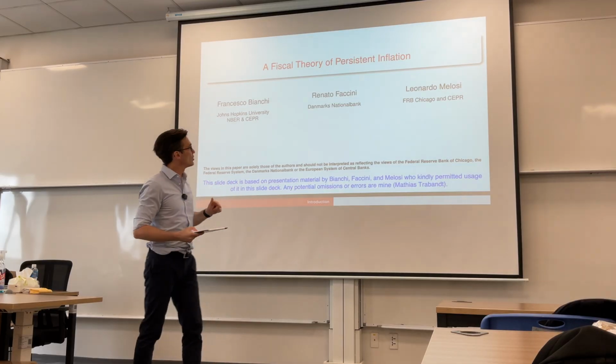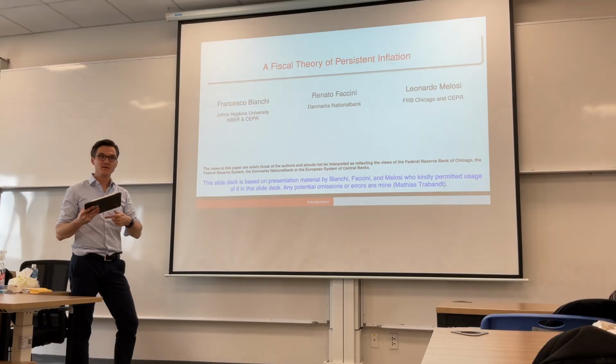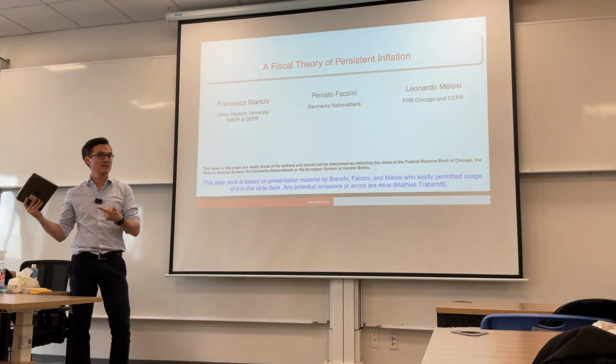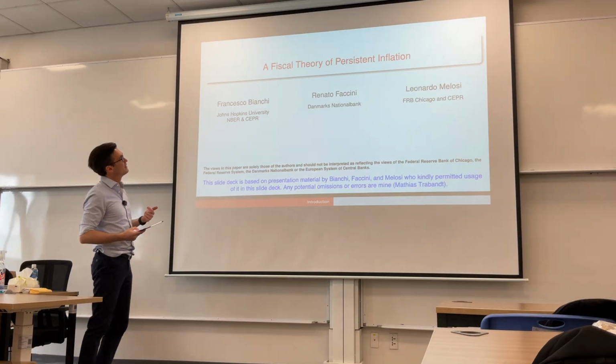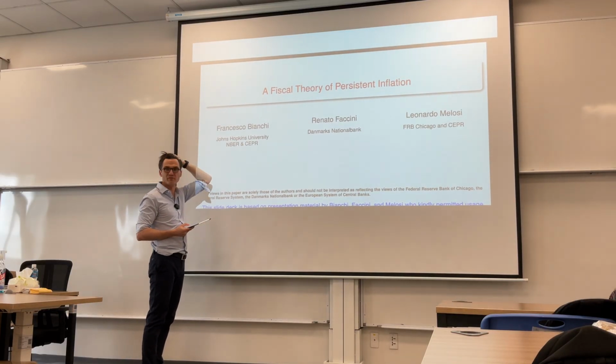Okay. So, and then we can have a debate, as with the macro-climate paper, on some of the great things this paper has, but then also some of the shortcomings that paper has. So this is a paper that's called The Fiscal Theory of Persistent Inflation.